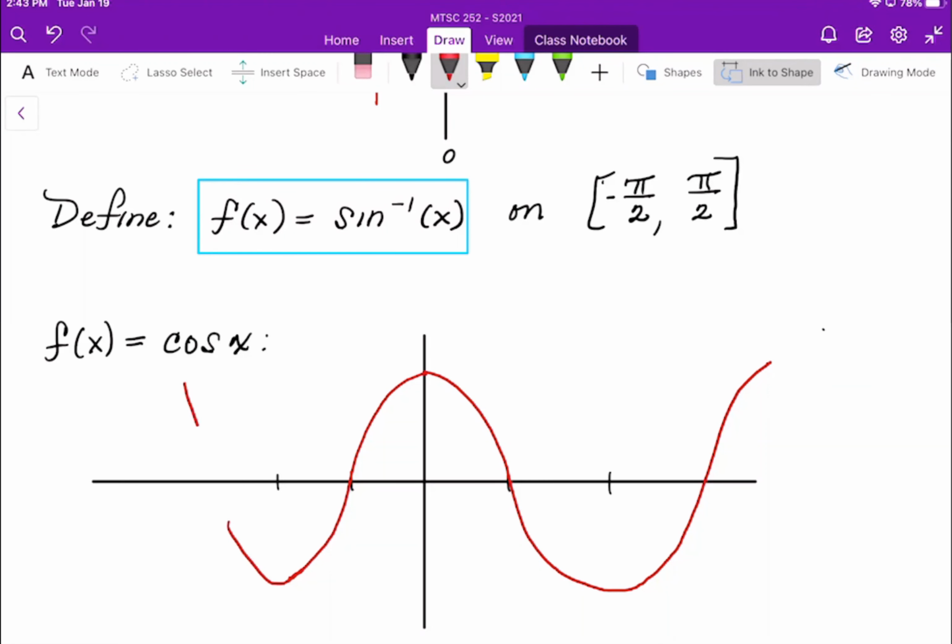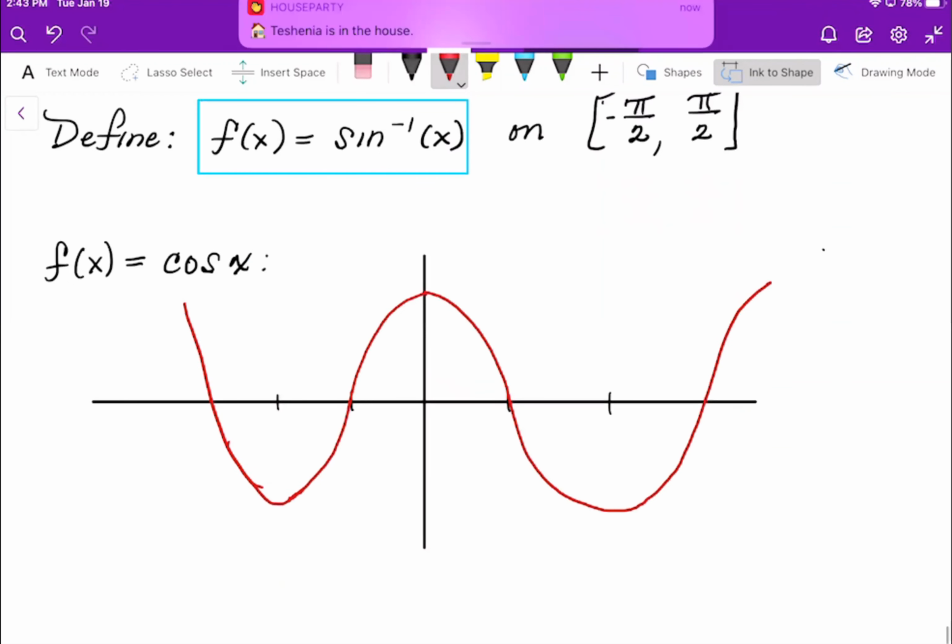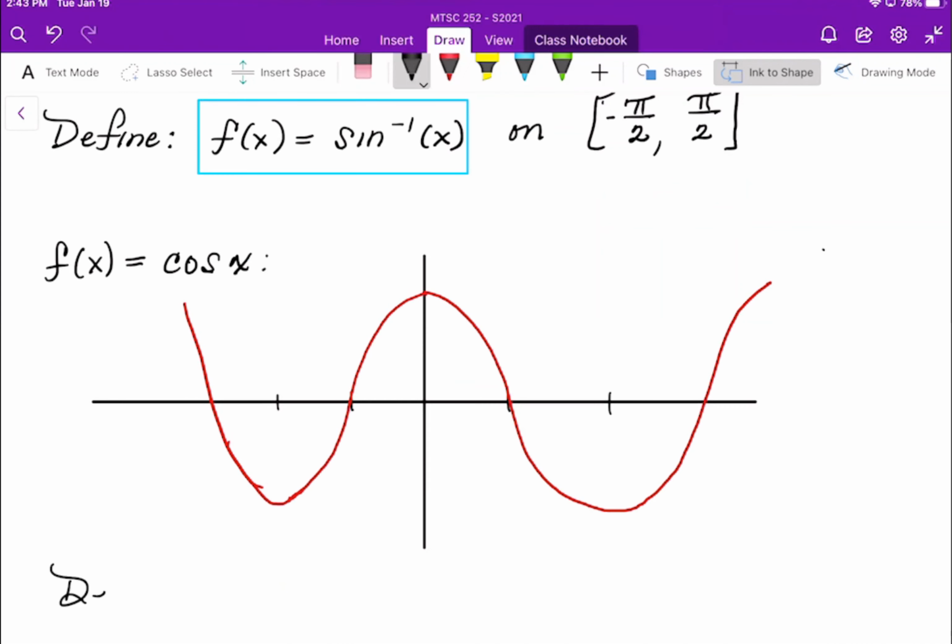Again, something that would generally fail the horizontal line test. But we can define f of x to be the cosine inverse if we restrict it to just from 0 to pi.